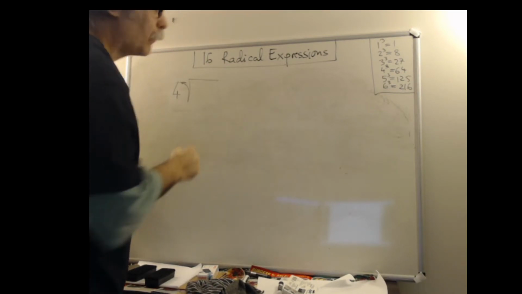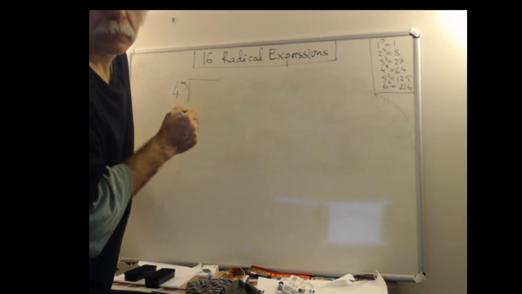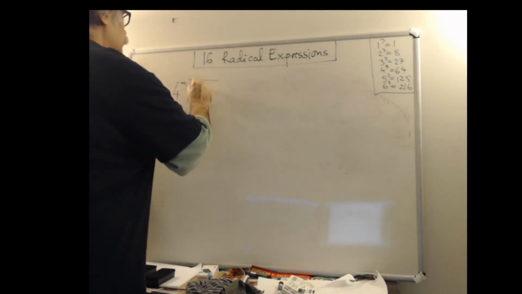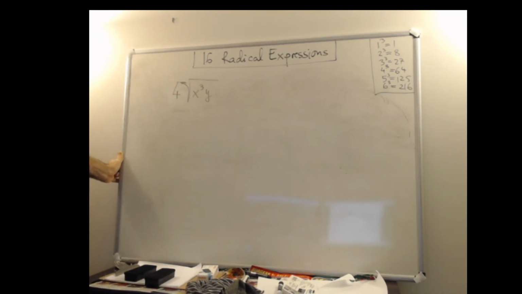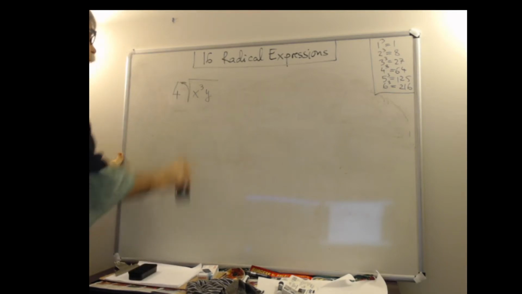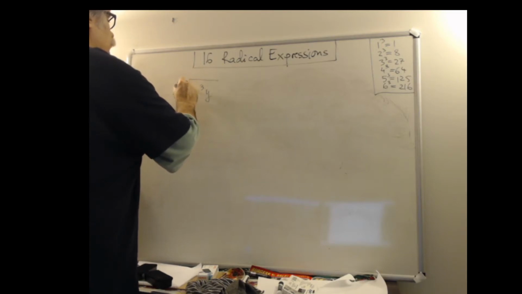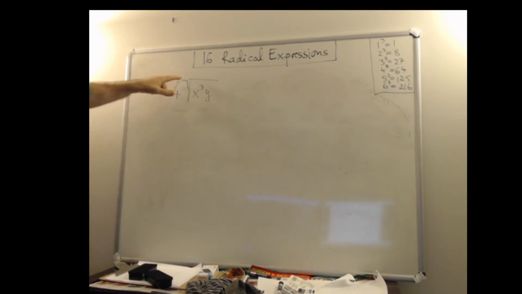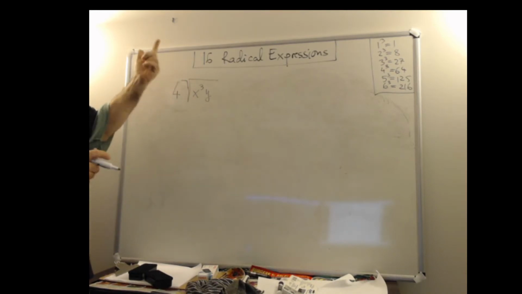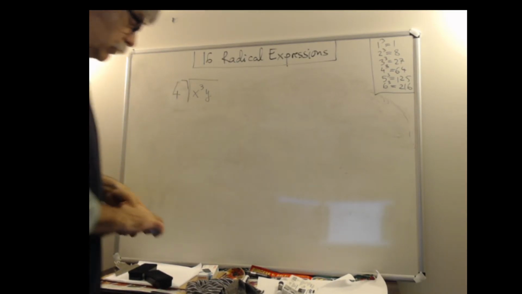Right, so you get 4 x cubed y, and there is a radical 2 here, right? Didn't write it nicely, so I'm going to write it like that. This doesn't cover 4. 4 is just a factor on the outside. This is somehow traditional notation people use.